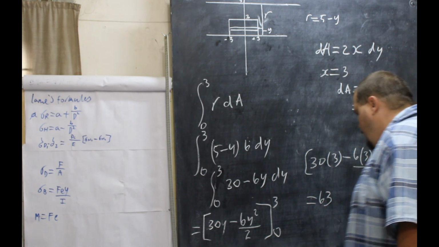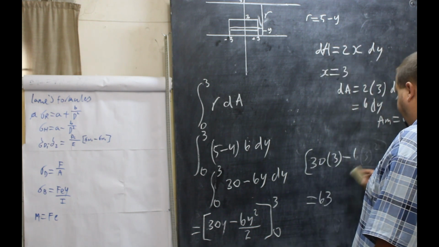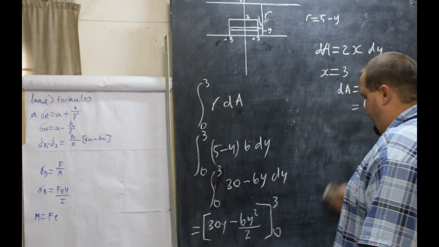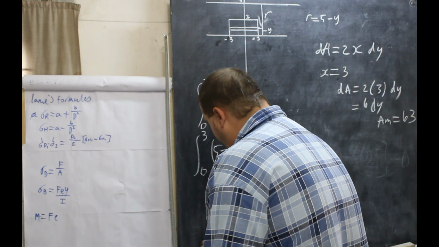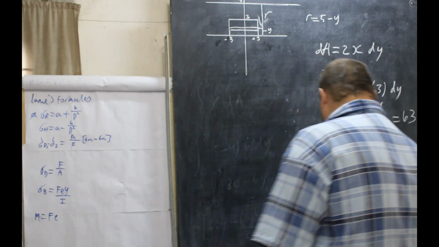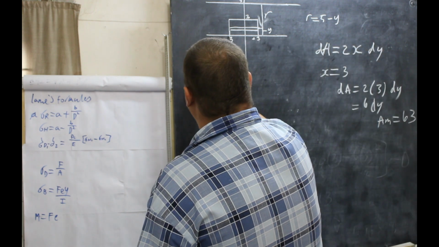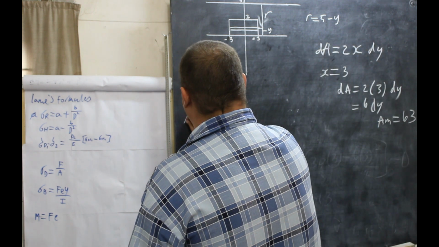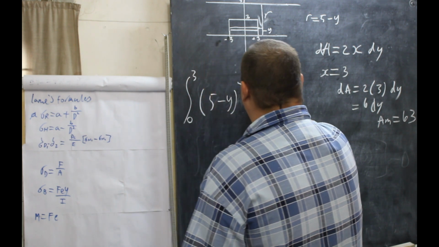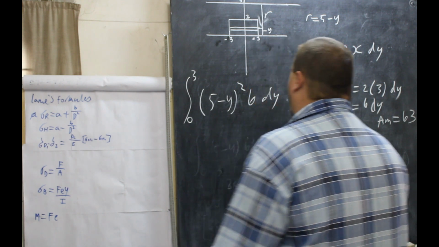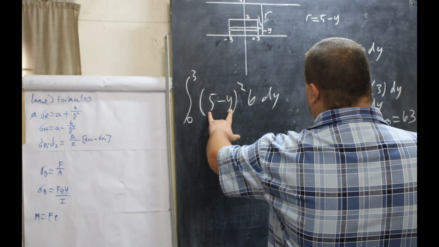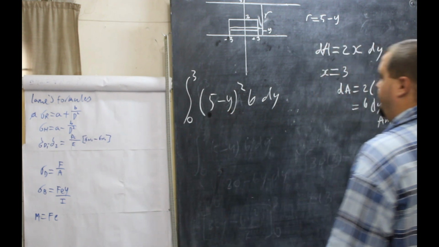Now we're going to take the second moment of area. It is the integral from 3 to 0 of 5 minus y squared times 6 dy. So now we've got to expand. We have to FOIL.